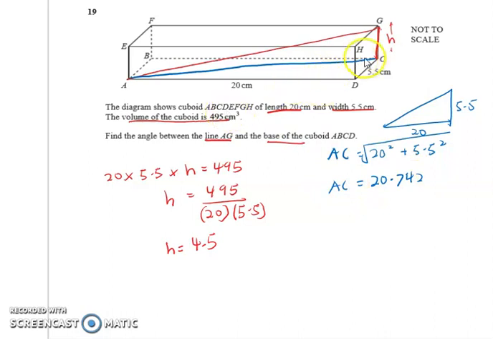Okay, this is our AC value, and then the angle will be given by this part.